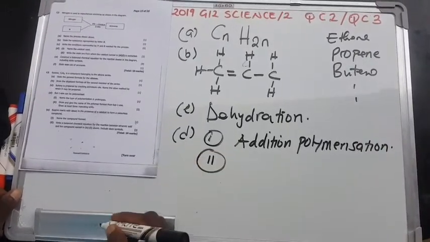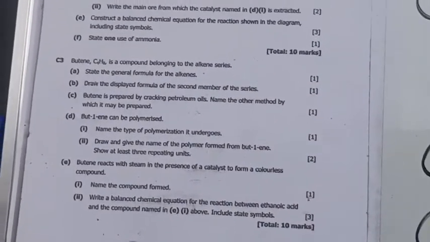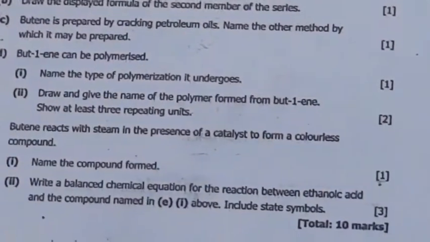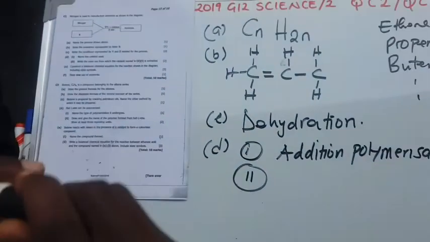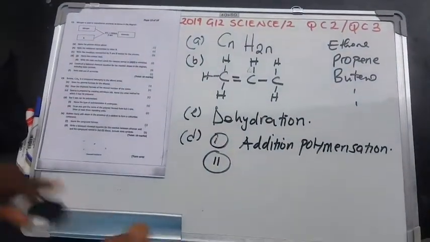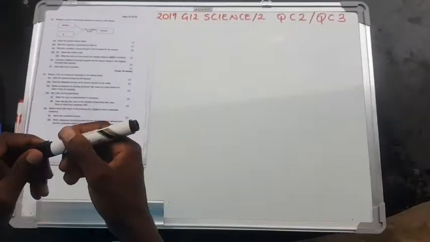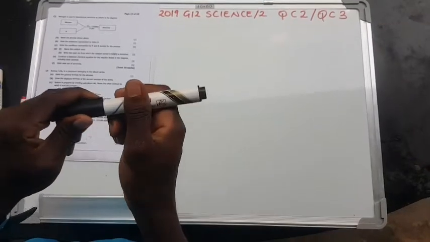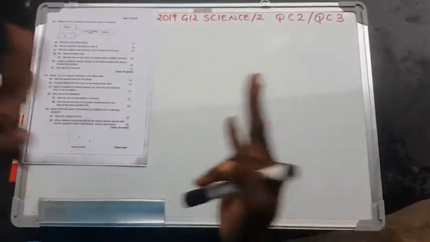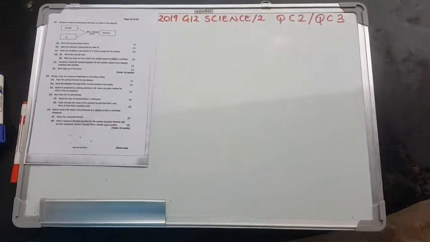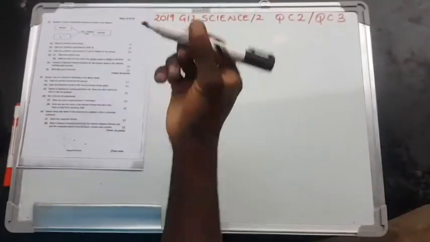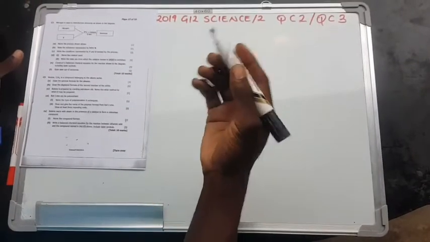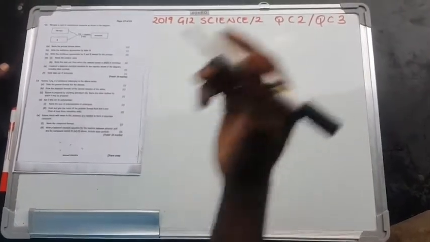Then draw and give the name of the polymer formed from butene-1. Show at least 3 repeating units. So let's see how we can draw a polymer of butene when 3 butene molecules combine together. We know that butene has 4 carbon atoms and 8 hydrogen atoms.